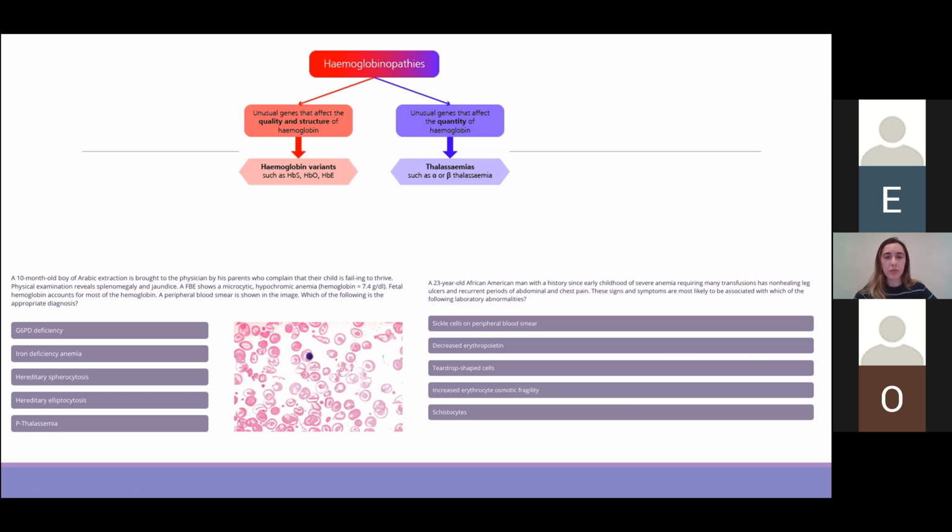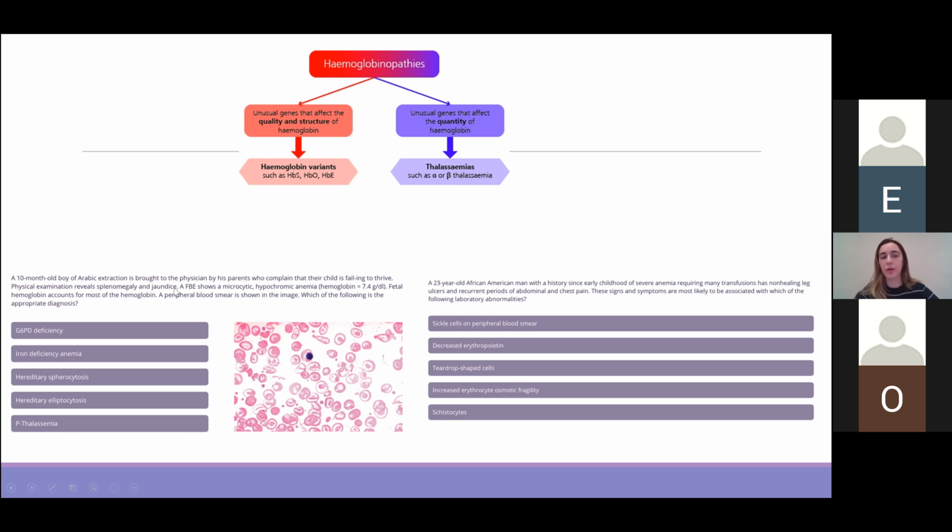So let's actually move on to some questions, again, which will tell us a little bit about some more causes. I might have a go at this one here. I'll just summarize the key points. It's a weird way to put it, but you have a young boy who's Arabic, and he has splenomegaly and jaundice.